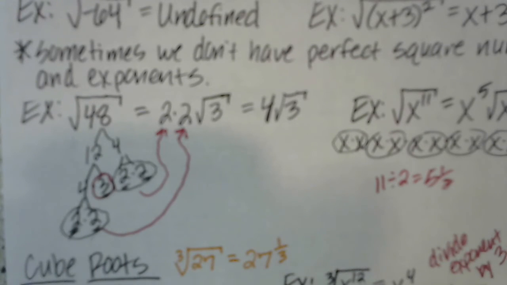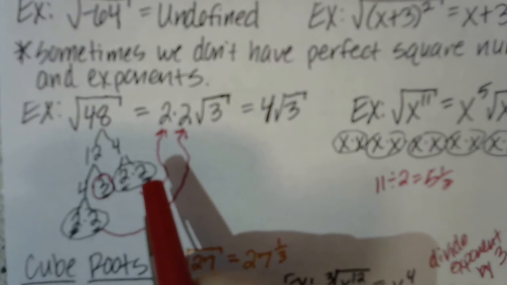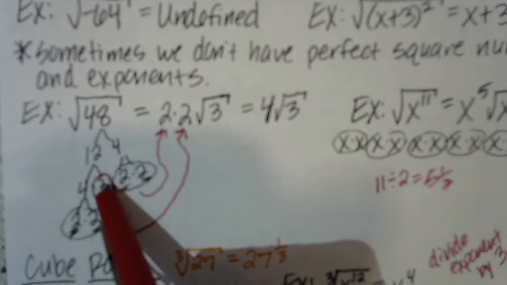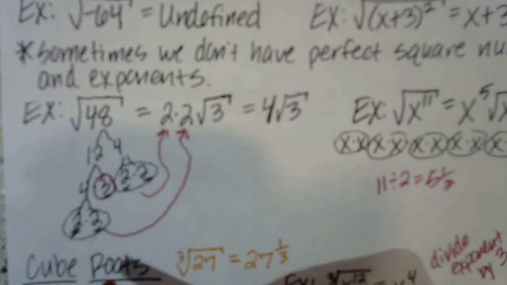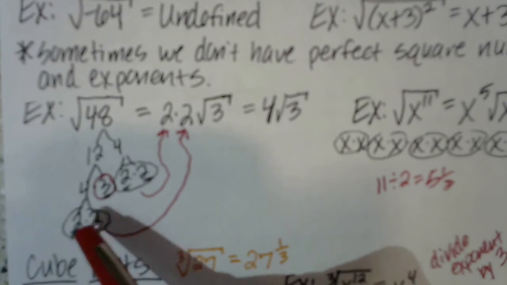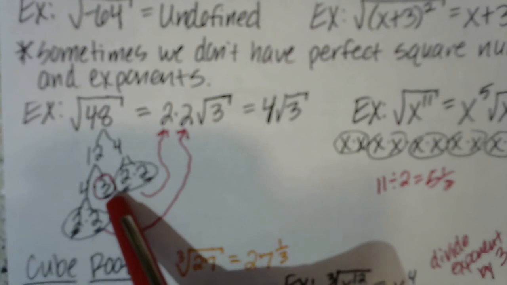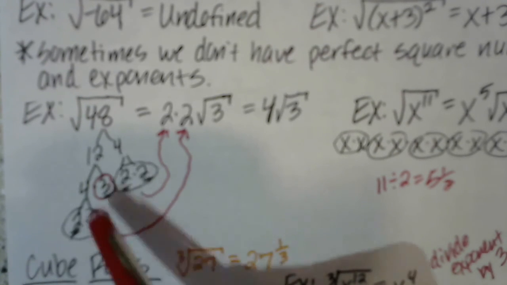You could have started with 2 times 24 or 8 times 6. No matter how you start it, you're going to keep breaking things down until you have all prime numbers. 12 is 4 times 3. So I keep breaking things down. No matter what you started with, you should end up with four 2s and a 3 when you break down 48.